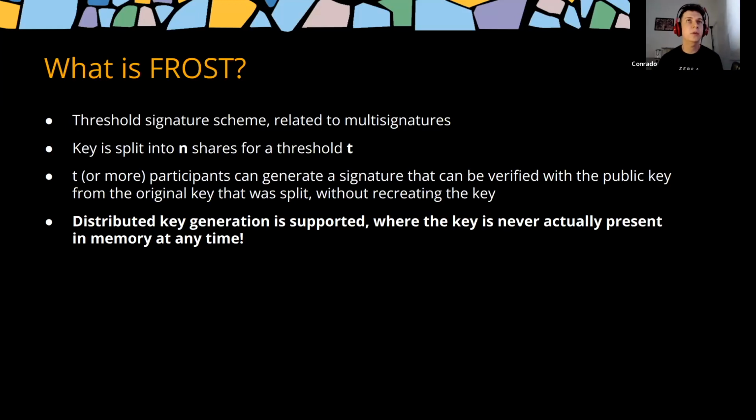One main aspect of Frost is that the signature that's produced is indistinguishable from a regular signature. So we don't have to change the Zcash protocol to use this, right? When you sign a transaction using Frost, it looks exactly the same from the point of view of the protocol, exactly the same as a regular signature.